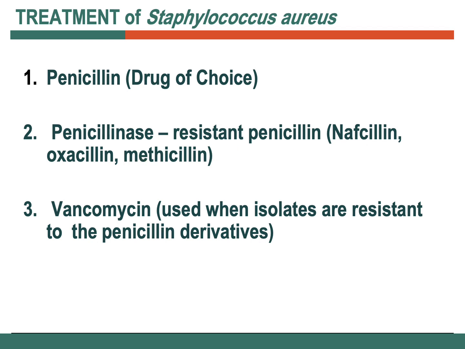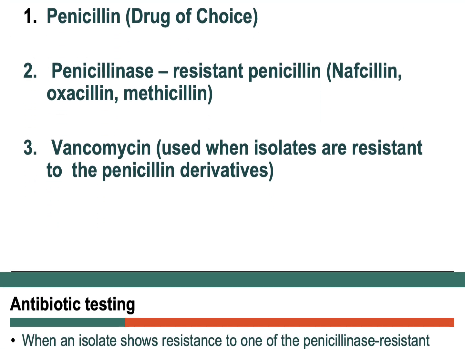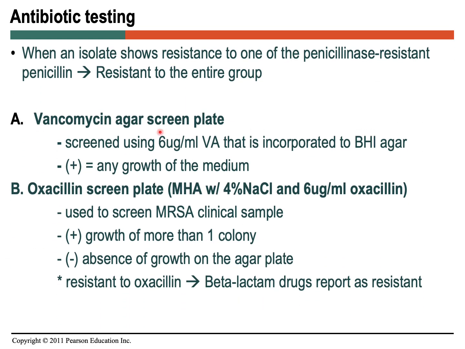So for antimicrobial susceptibility, you have there the vancomycin agar screen and oxacillin screen plate. So, your vancomycin agar screen plate detects if the organism is vancomycin intermediate or vancomycin resistant. So, using microdilution, right?